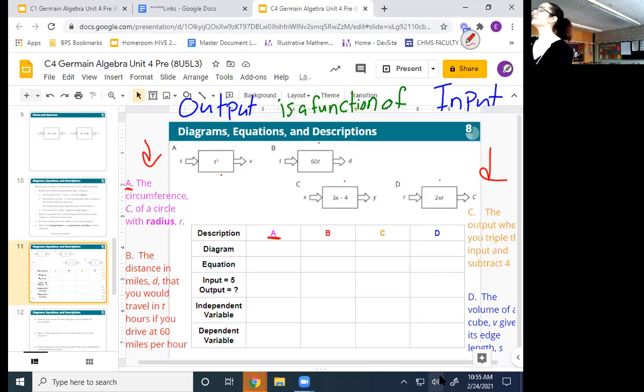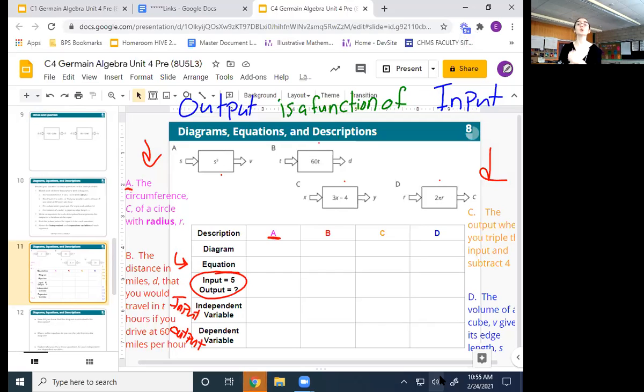You need to write the equation for that statement. When the input is 5, what is your output value going to be? What is your independent or input? What is your dependent or your output?